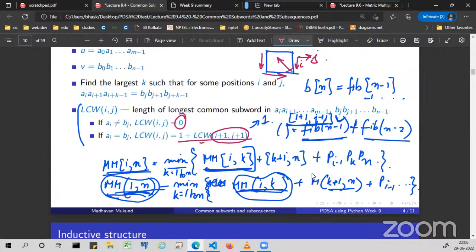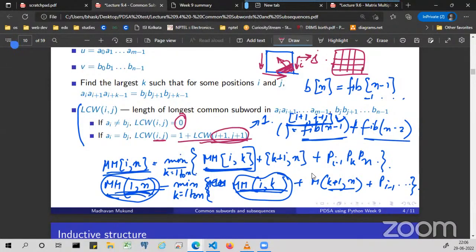Because LCW of i plus 1, j plus 1, the plus 1, i is increasing, j is increasing. That is this element, the elements which are stored over here, is required to calculate the value of ij, which is lesser, right? So lesser would be on top. So if I exactly draw the matrix, okay, we would also go to that, but let's have an overall understanding.